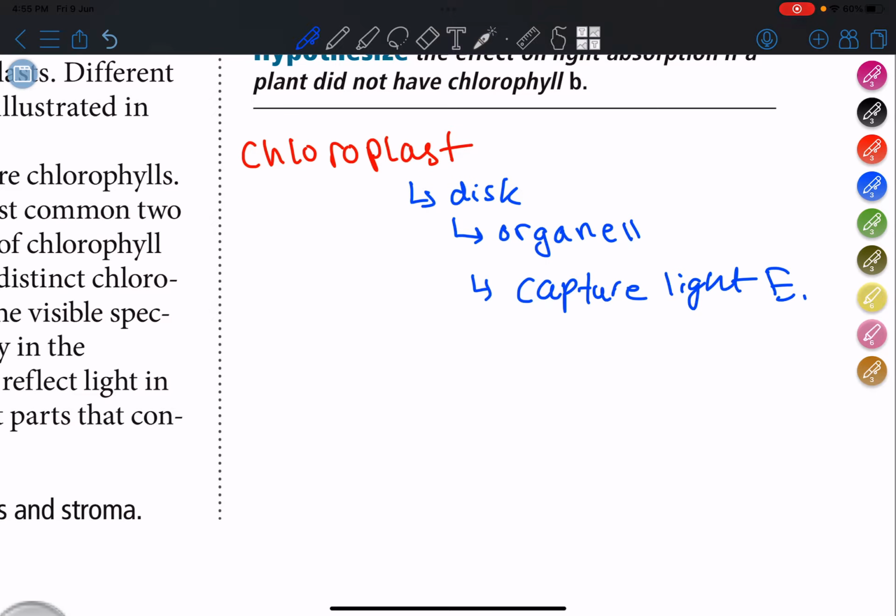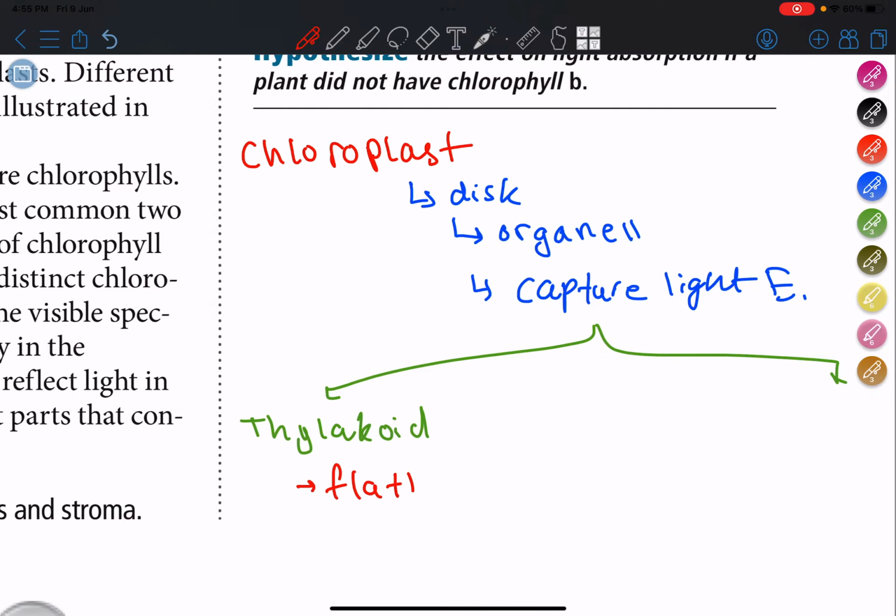And they have two main components. Inside the chloroplast, we have two main components. What are they? The first one we said is the thylakoid. Thylakoids are what? Flattened, sac-like membranes.